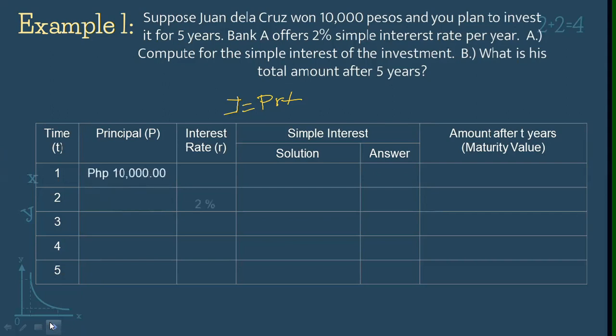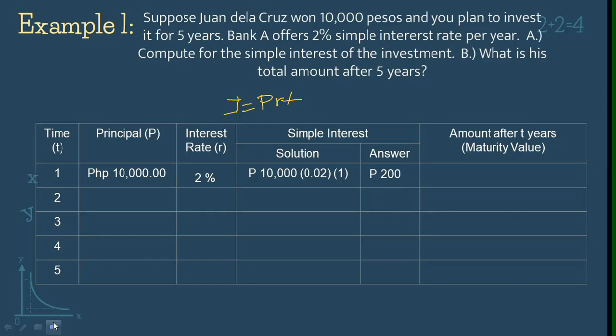Sa rate natin is 2%. At di ba sabi ko po, na kapag ang rate, naka-percent sign, i-transform natin siya into decimal point. So, that will give us 0.02. And for the solution following the formula of the interest, we will have 10,000 times 0.02 times 1, which will give us the answer of 200 pesos.